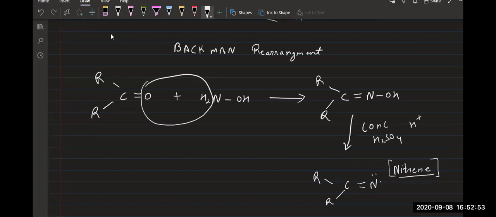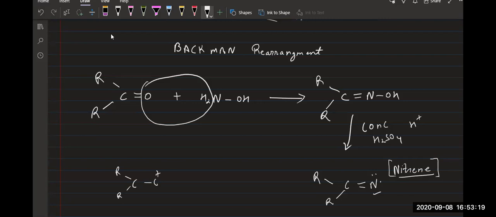Now tell me, this nitrene is electron deficient or electron rich? Deficient, yes. Now think about this. Suppose you had this C plus.